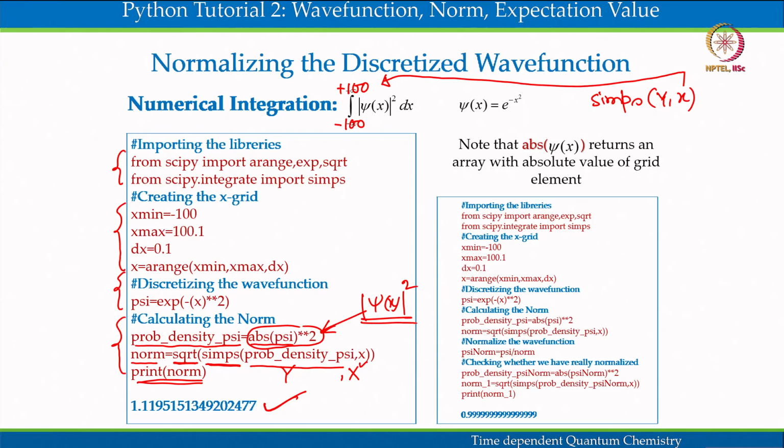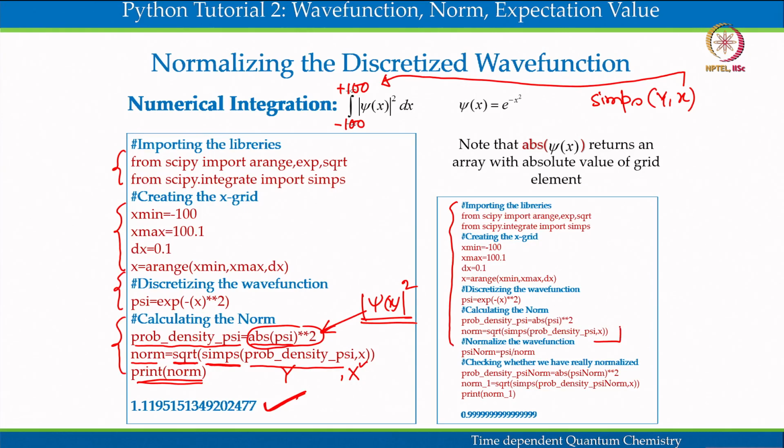Once we have understood that we have been able to get the norm, the remaining part is very simple. We have to just divide the wave function by the norm and we get the normalized wave function. So this part for the normalization is quite understandable.